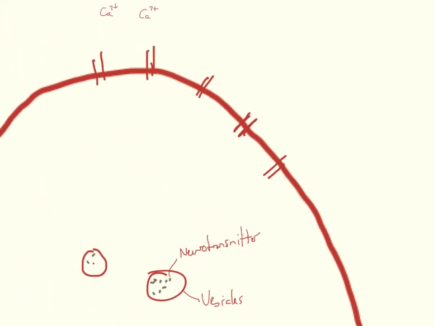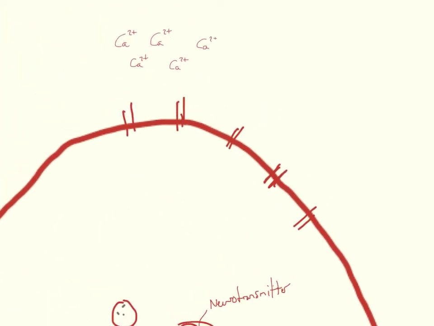If we just move to this area up here, we can see we've got these calcium channels here. Now this is what's known as a voltage-gated calcium channel. Voltage gated because when the neuron starts to depolarize, this will cause the channels to open.